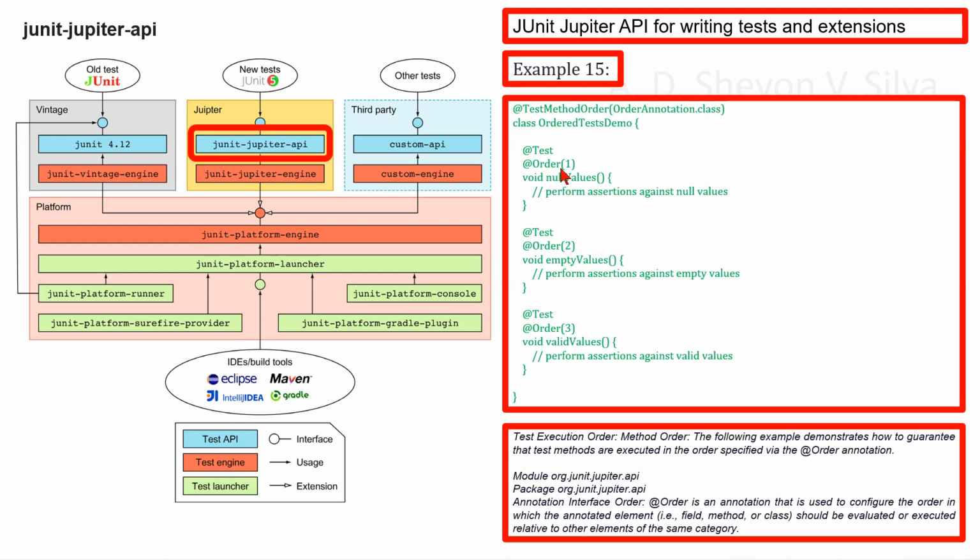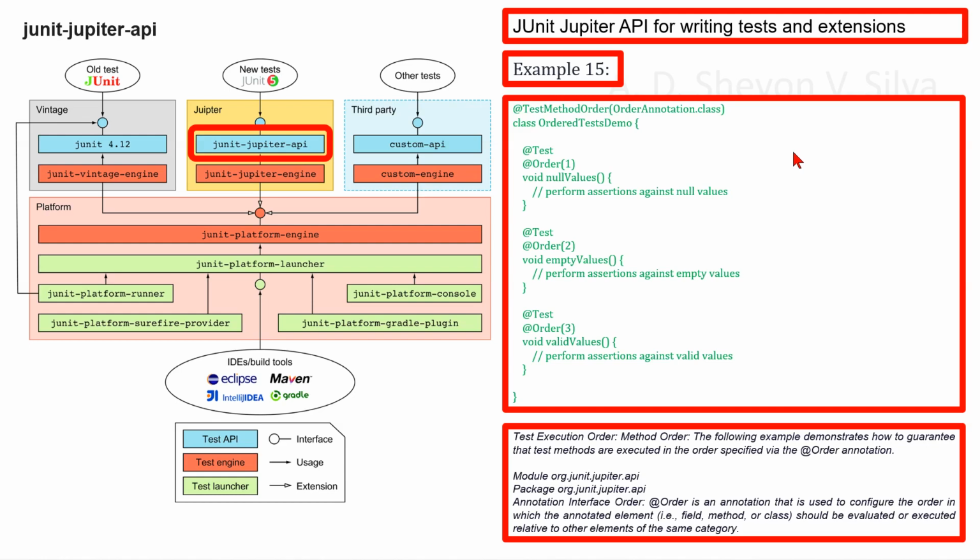Although true unit tests typically should not rely on the order in which they are executed, there are times when it is necessary to enforce a specific test method execution order. For example, when writing integration tests or functional tests, where the sequence of tests is important, especially in conjunction with @TestInstance Lifecycle.PER_CLASS.